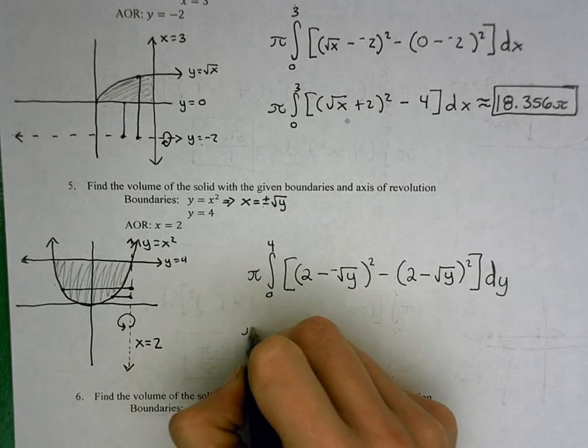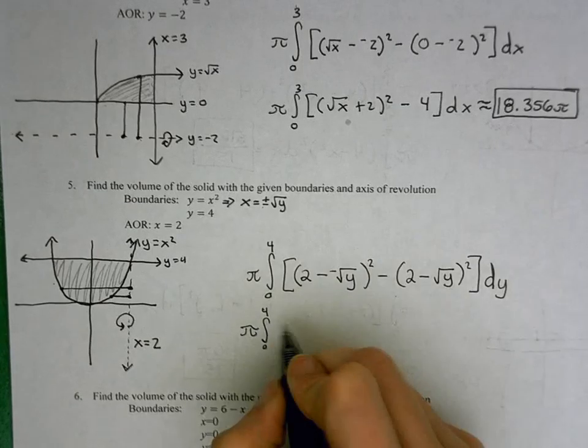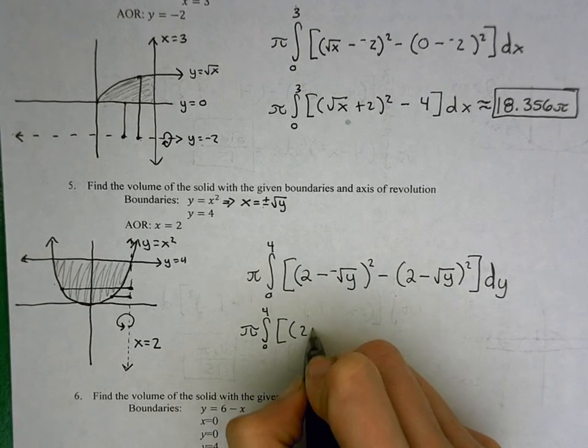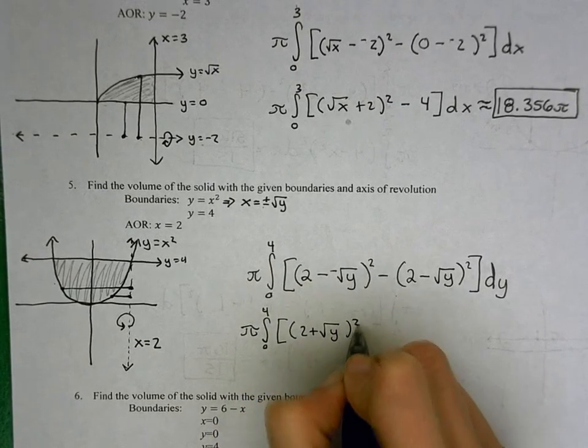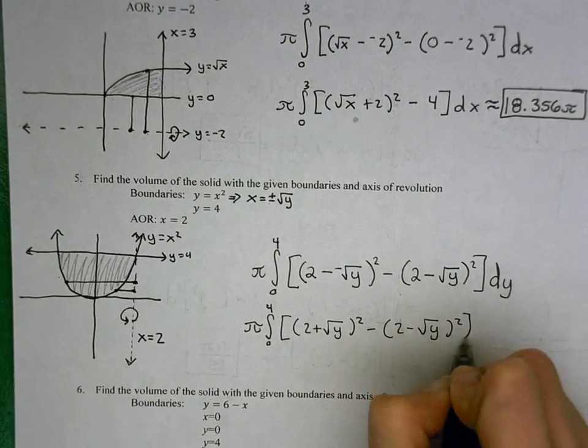So we're at pi, 0 to 4, of 2 plus root y squared minus 2 minus root y squared dy.